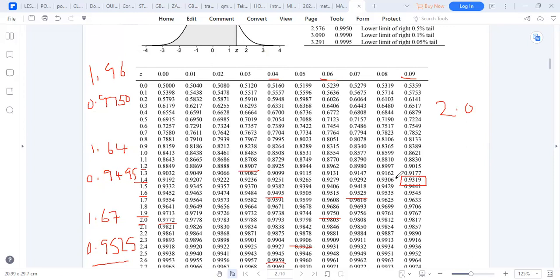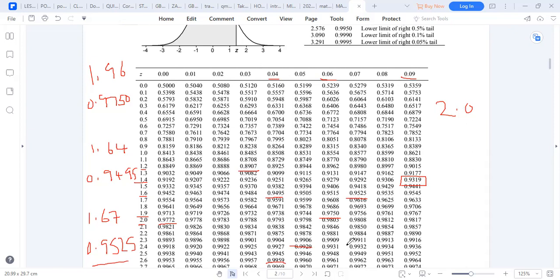So we now go to our reverse reading. So now if I ask you, given 0.9319, what is the Z for this p-value? So you just go and add, that's 1.4 and 0.09. So this is 1.49.